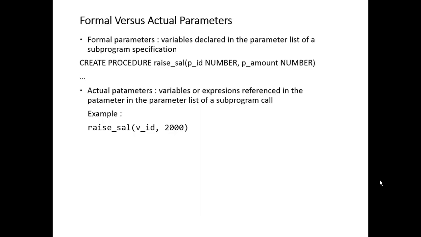Formal versus actual parameters. A formal parameter is a variable declared in the parameter list of a subprogram specification, and the syntax is: CREATE PROCEDURE raise_sal, and the next are the parameters p_id, whose type is NUMBER, and p_amount, whose type is NUMBER.